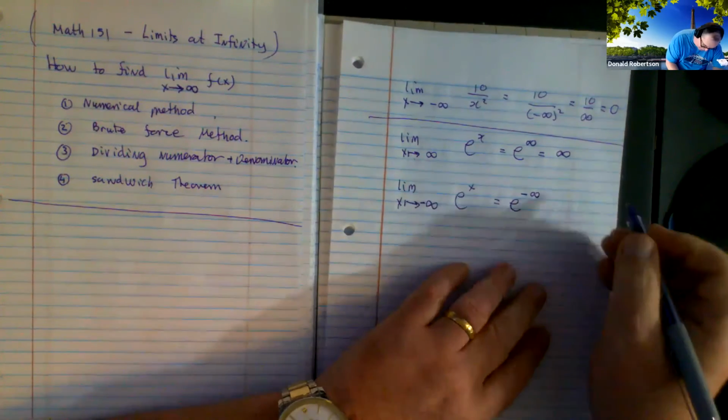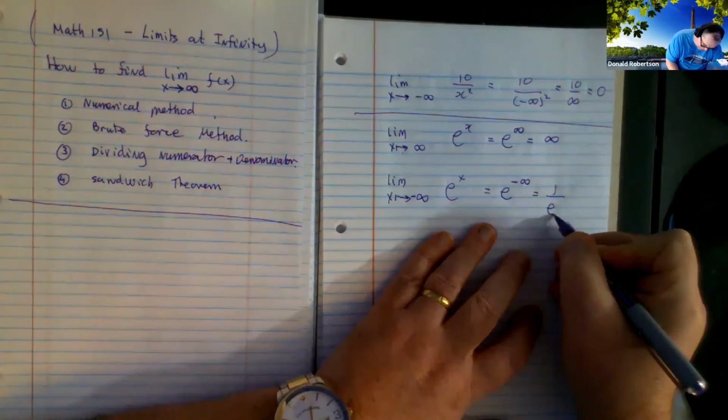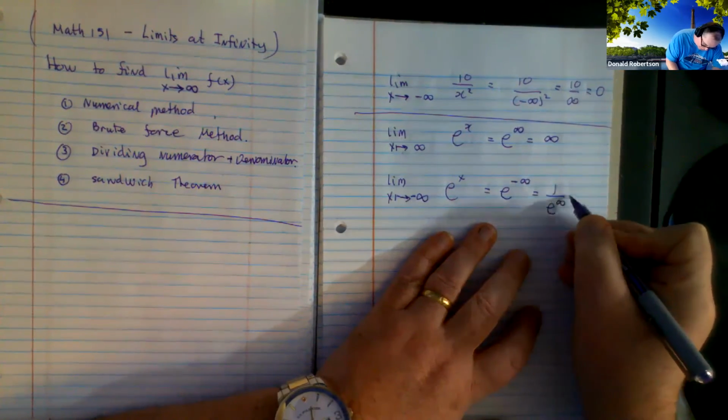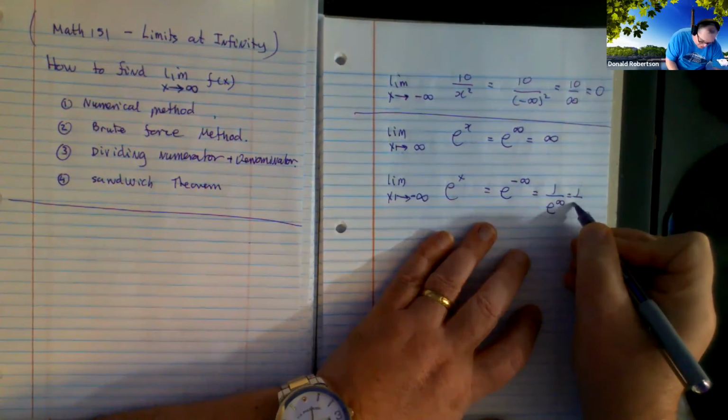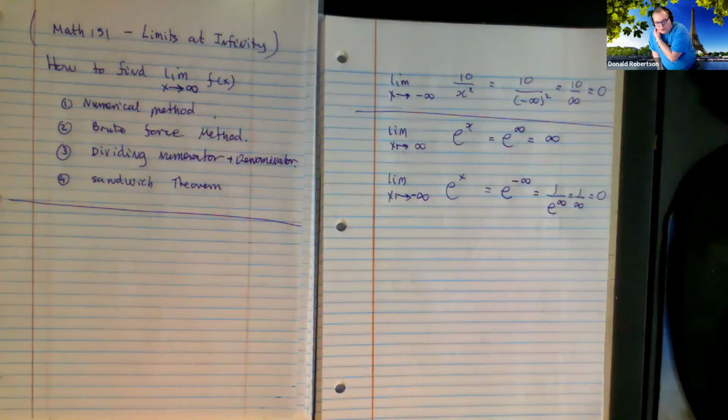And the best way to think about what that is equal to is to think of it as 1 over e to the infinity, which is 1 over infinity, and that's 0. So do you see that there are going to be some circumstances where the limit as x tends to plus infinity might not be the same answer if you did the limit as x tends to negative infinity, right? So it can happen. But most of the time, won't they be the same answer in both cases? Most of the time.